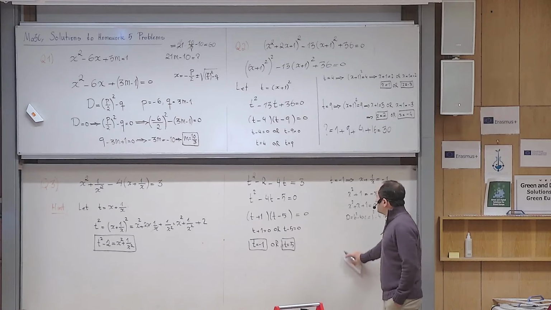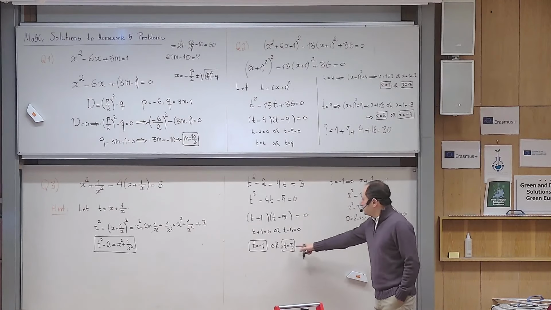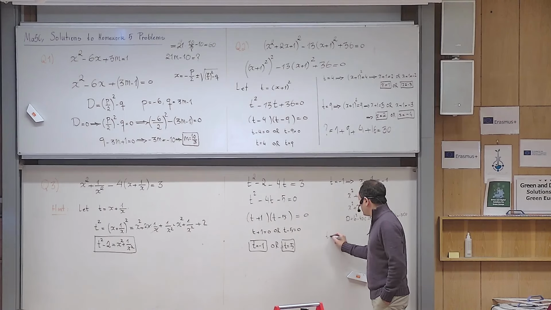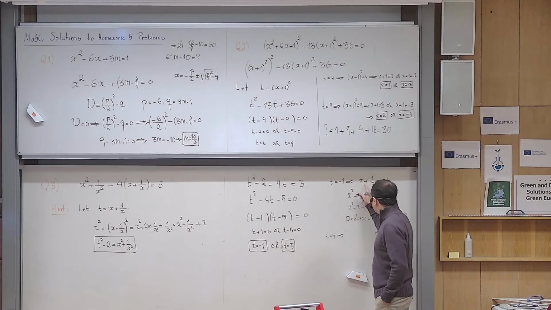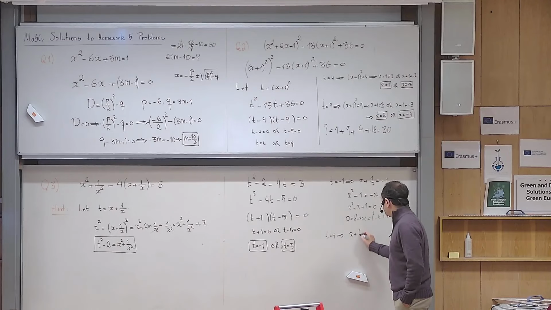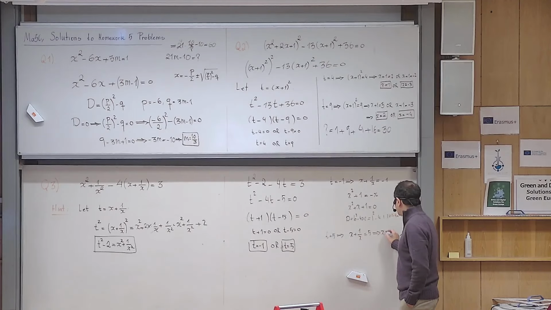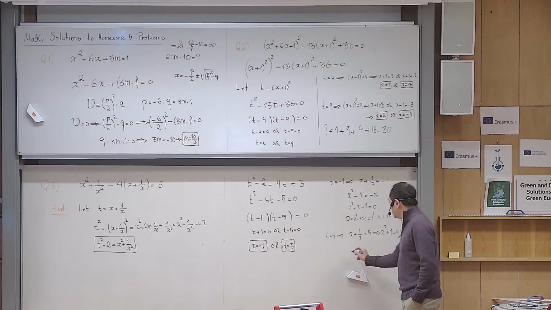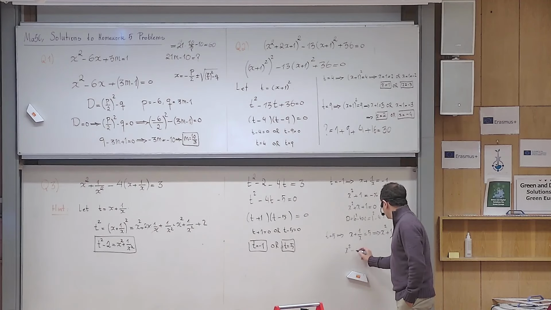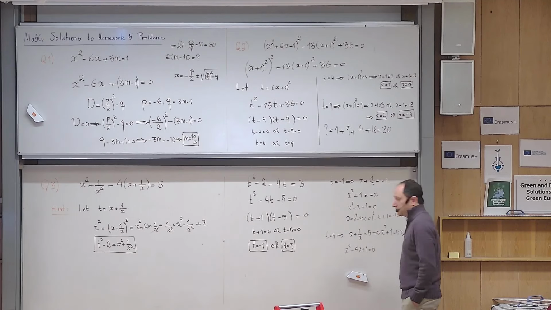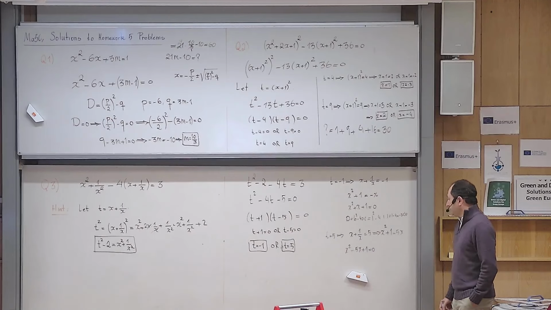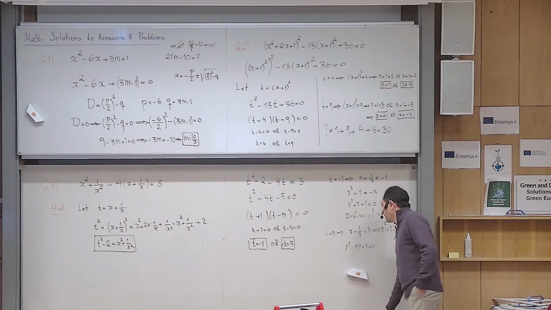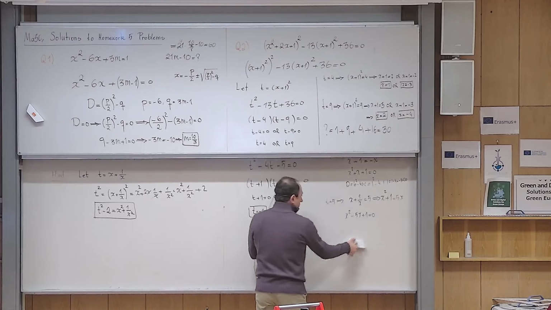Okay, but there is another option for me. The other option was t is what? 5. So I will do the same thing. I will write x plus 1 over x equals 5. I multiply everything by x again. So it becomes x squared plus 1 equals 5x. Then I move it to the left. So it becomes x squared minus 5x plus 1 equals 0. Then I have to solve this one. I again use the ABC formula, if you don't mind, yes?